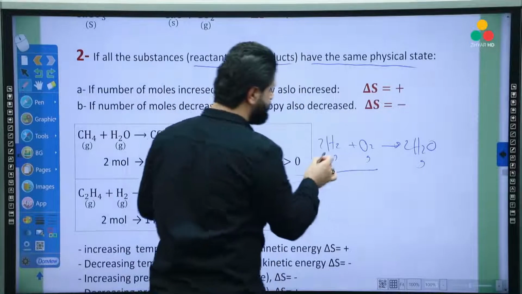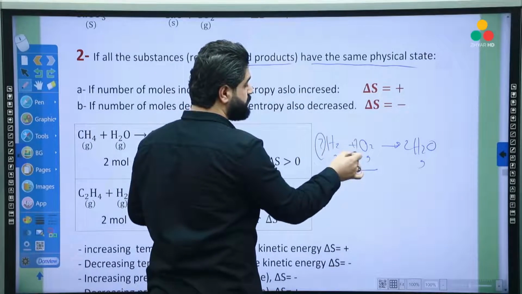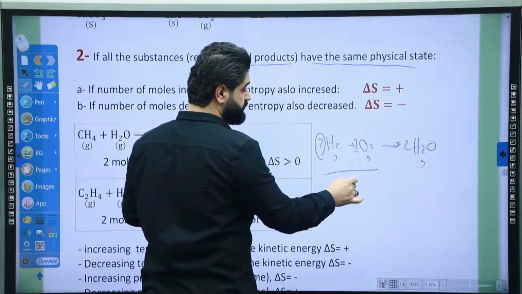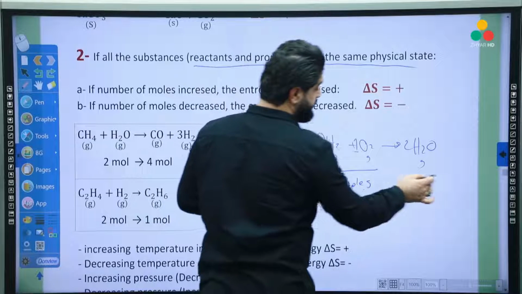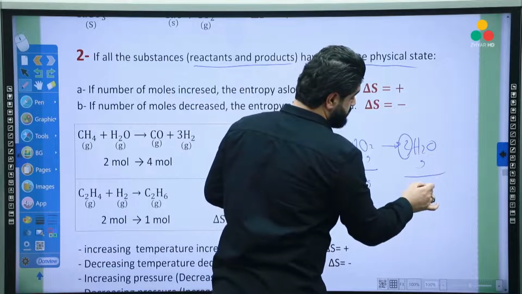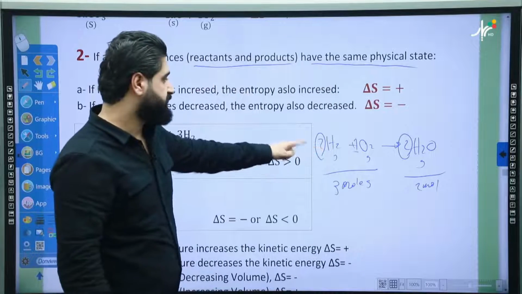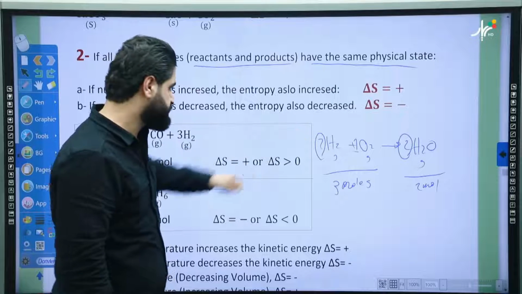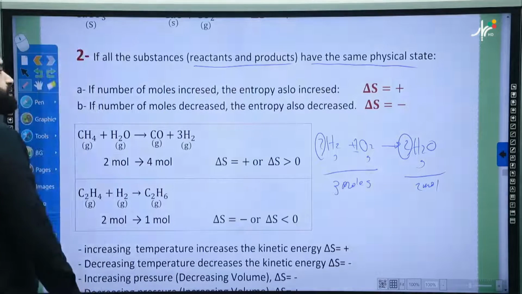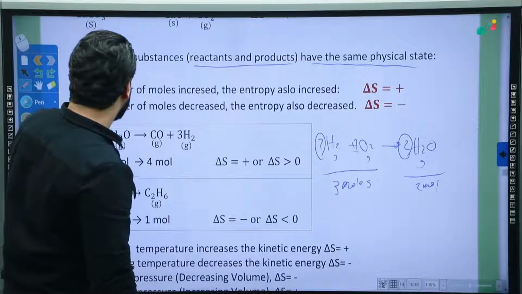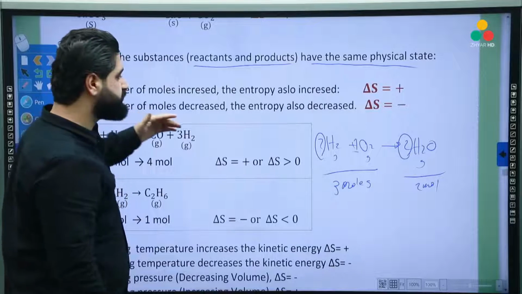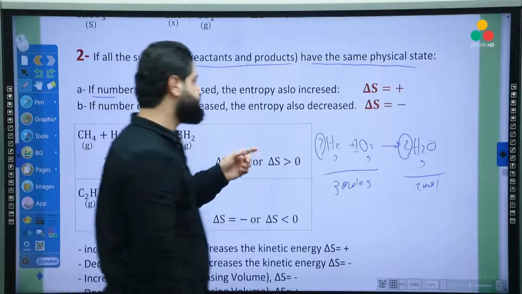Here we have 2 moles. Here we have 1 mole, so the total will be 3 moles. Here we have 2 moles. The number of moles in a reaction means the coefficients. The reaction must be balanced, please. So we have 2 possibilities. Going from a lower number to a higher number, delta S is positive.